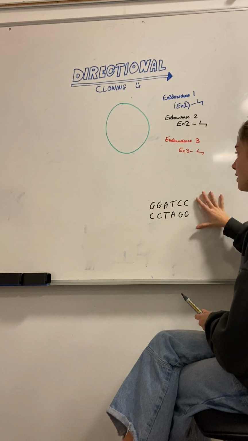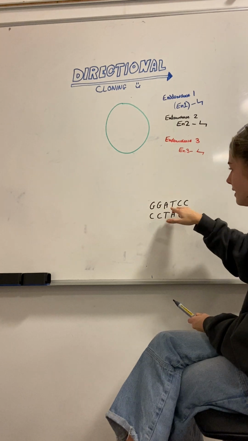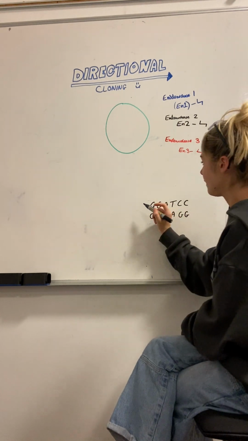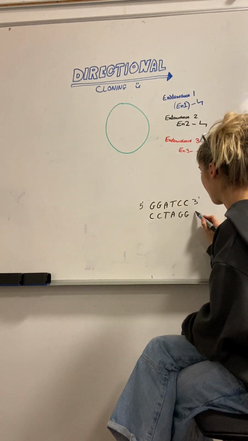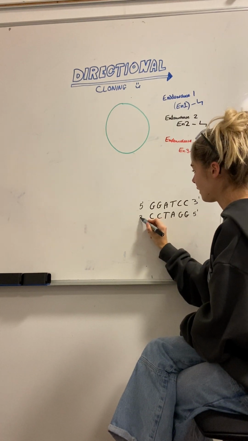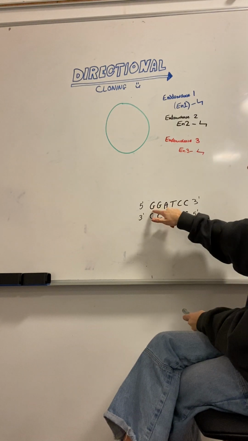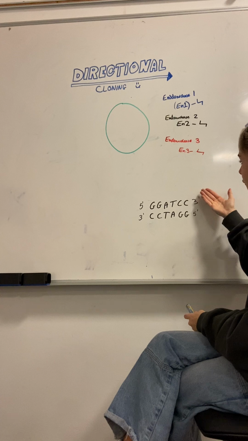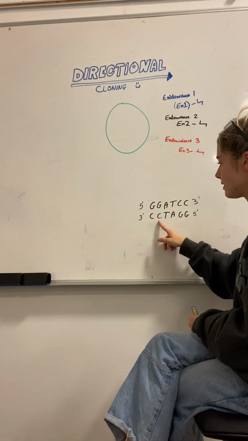So if we just look at this one little sequence of DNA, it's GGATCC, and then let's just say that this is the 5' and this is the 3', and then this is the complementary 5', and over here this is the complementary 3'. What's going on here is we've got GGATCC, and then if we go the exact same way, 5' to 3' on the way back, we have GGATCC.